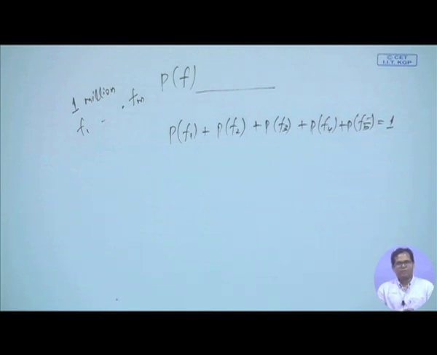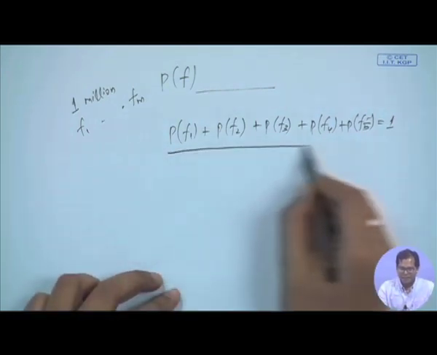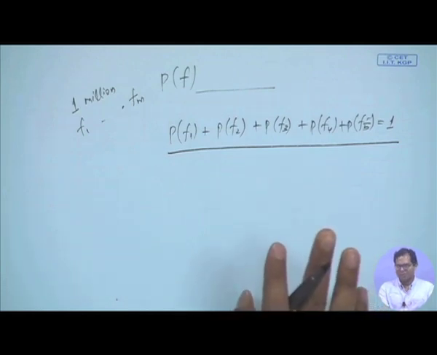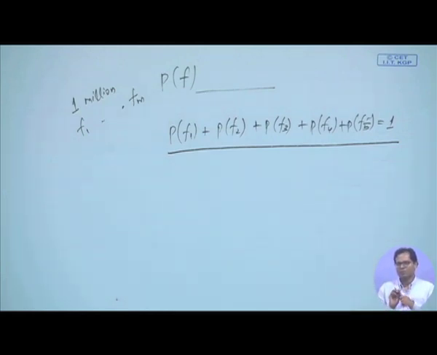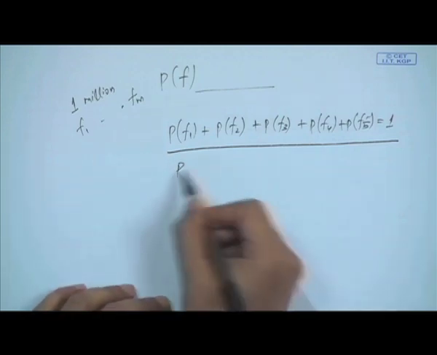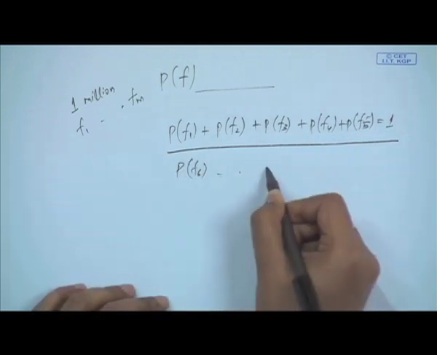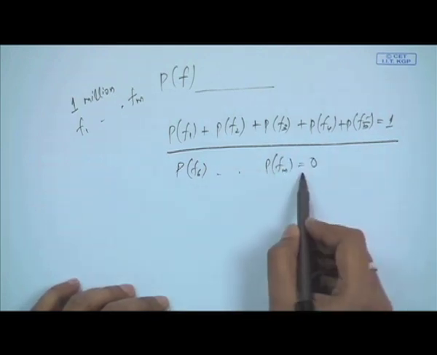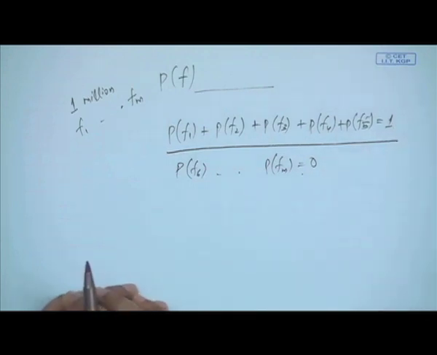Now, given this constraint, I have to choose one model. Suppose I have only this much information from the data. What is the model that I should choose among all the possibilities? Firstly, there are an infinite number of possibilities in which I can choose my model that satisfy this constraint. Of course, probability for F6 to probability F million will be 0, because if any of these is non-zero, this constraint will not be satisfied.